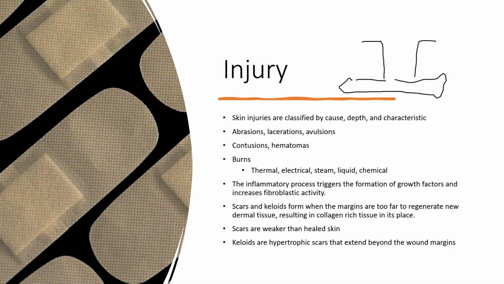Other things to talk about a little bit are our healing process. When we have an injury or laceration to the skin, this stimulates release of growth factors from the cells themselves, including something called insulin-like growth factor.